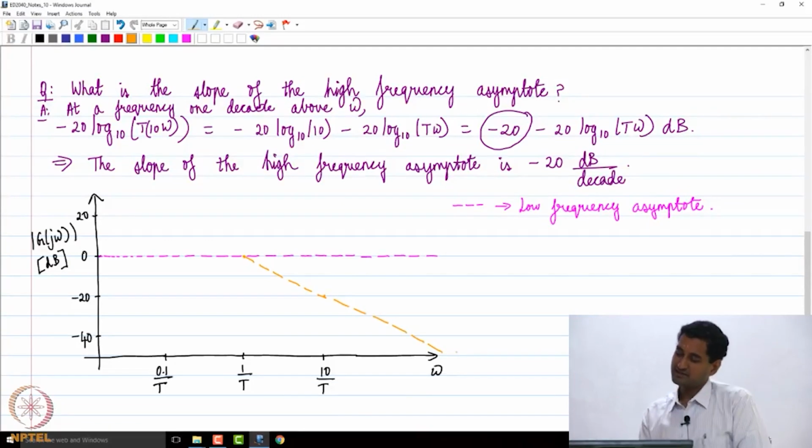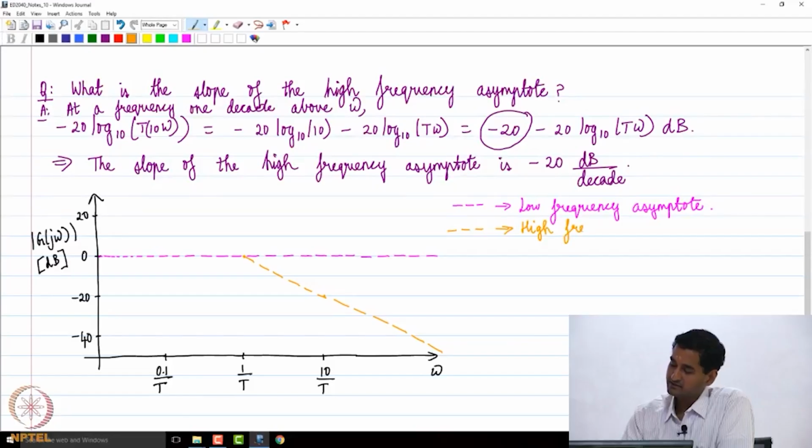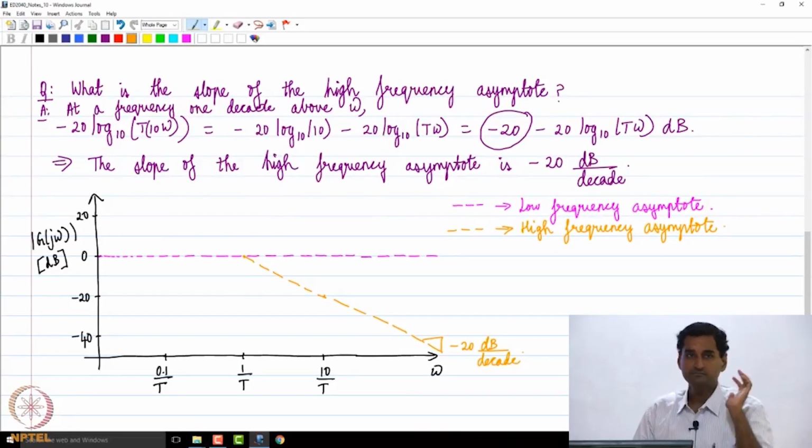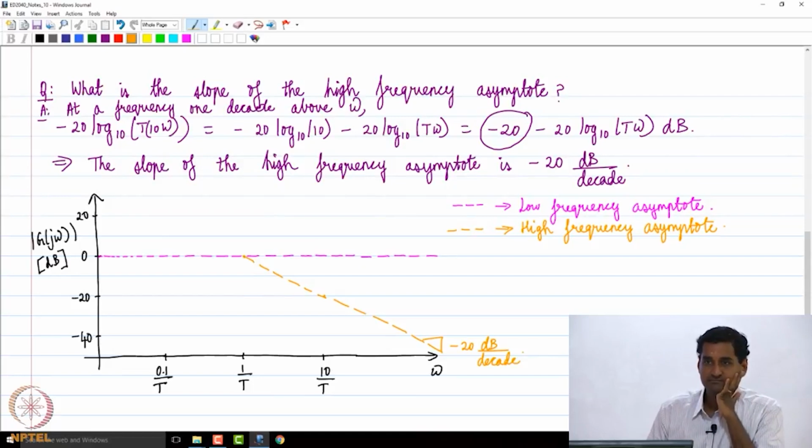So this is the high frequency asymptote, the one in golden color. Of course, the slope of this line is going to be minus 20 decibels per decade.